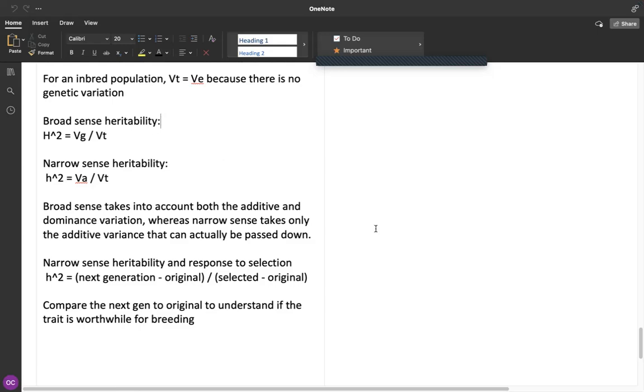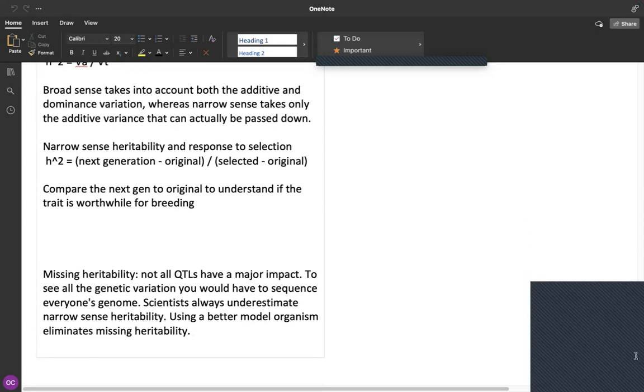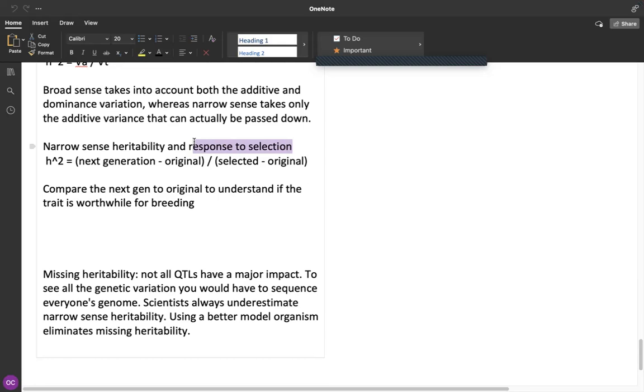And then next, another really important thing with narrow sense heritability is response to selection. If you want to measure a specific trait of a population, for example how likely it is to be passed down, maybe you're a breeder, let's go with height as an example. You'll take a population, measure their height, select a group from that population, measure their height, and then have that selected population breed.